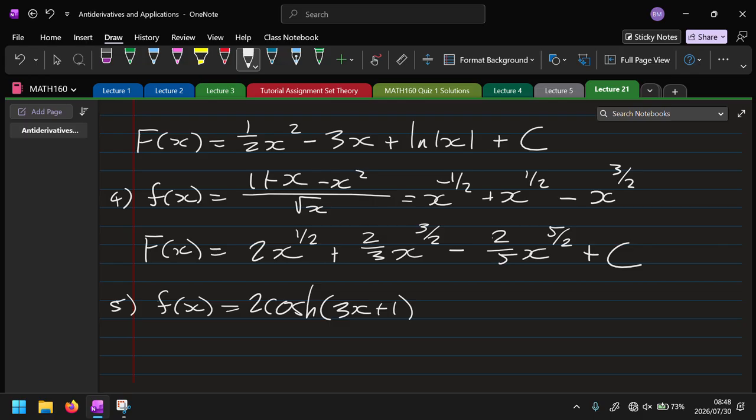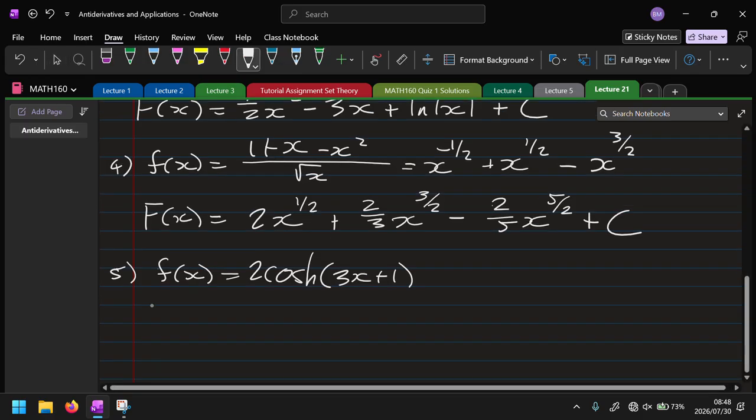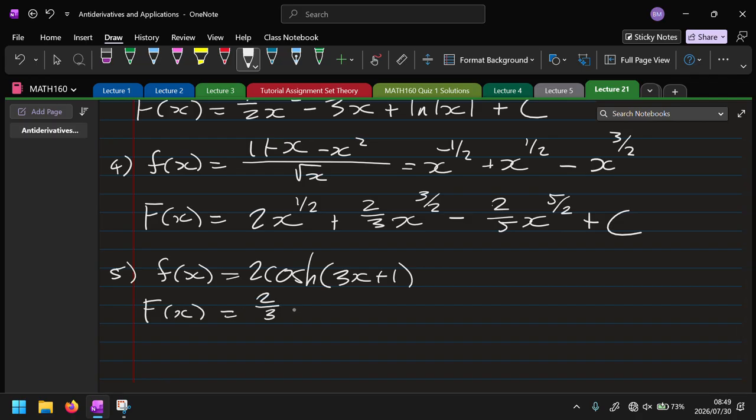But here we've got the 3 inside, so we divide by 3. The 1 doesn't do anything, because remember from the chain rule, we only look at what's in front of the x. This constant doesn't do anything. And then plus c.